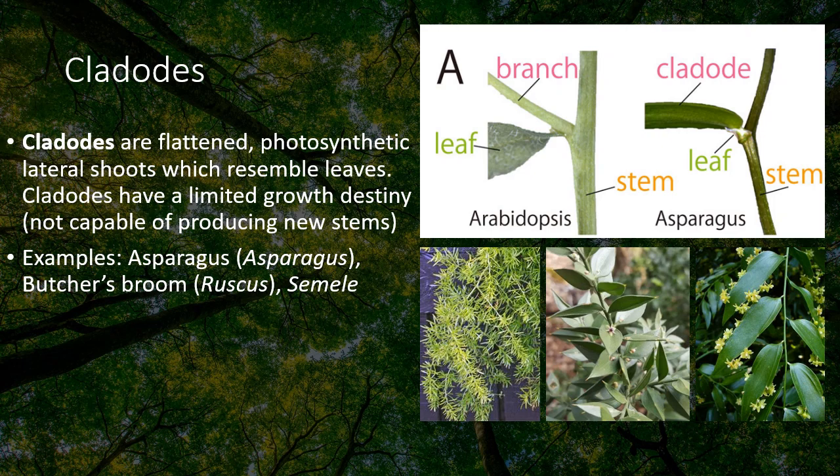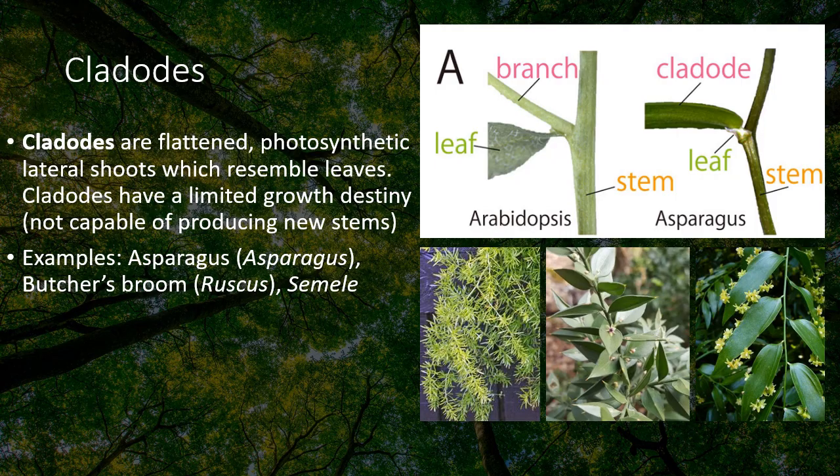And then my favorite example of a cladode in this far right-hand photo is semele. Semele is a plant from the Canary Islands off the coast of Africa. It does not have a common name so far as I'm aware. And you can really tell that these are stems because along the edge of the cladode, we have a series of nodes, and from each node, the cladode is capable of producing a number of flower buds.